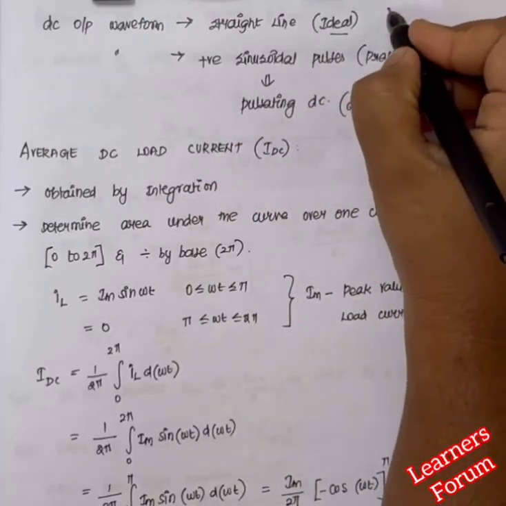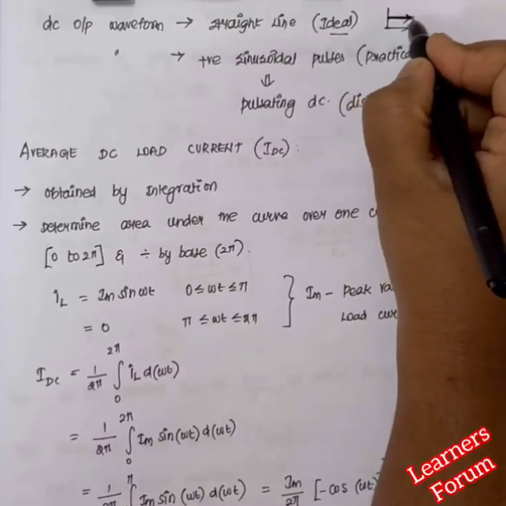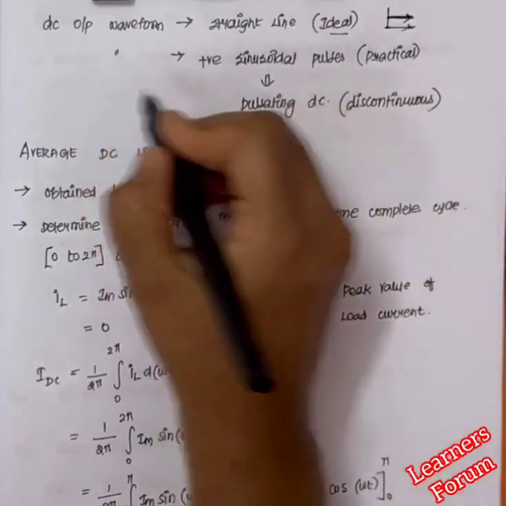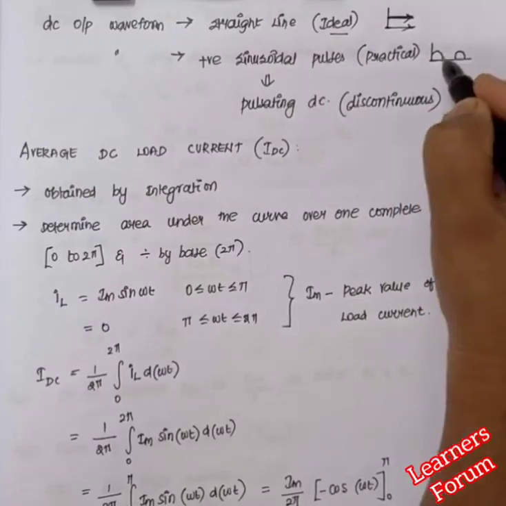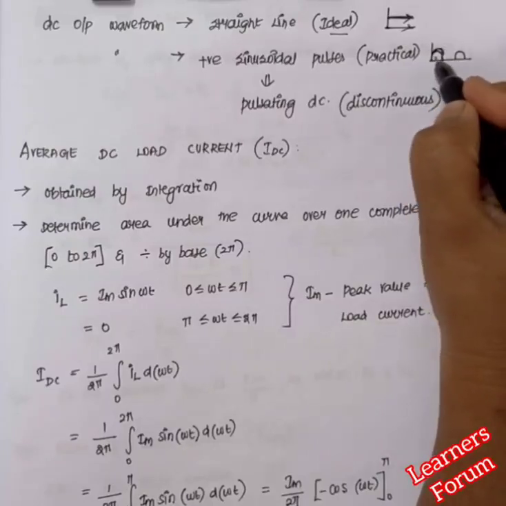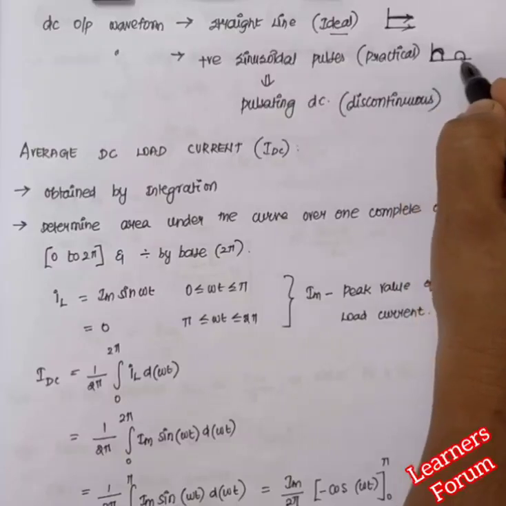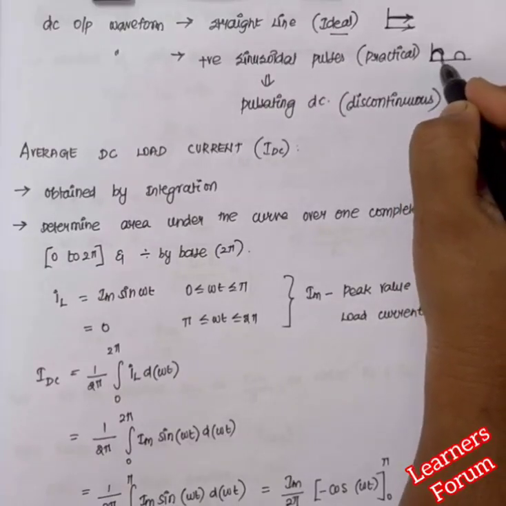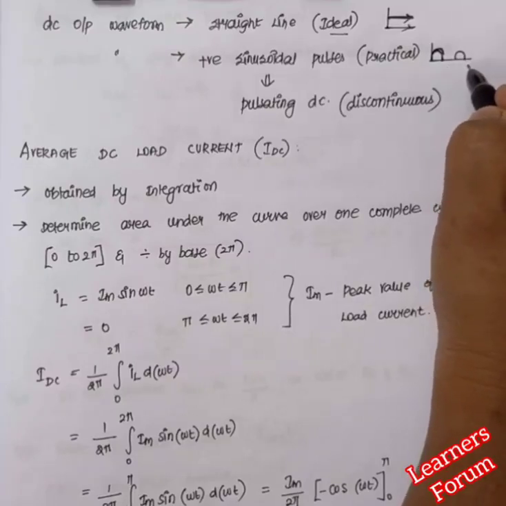For the ideal condition we will get the signal in this way, whereas in practical condition we will get, for a half wave rectifier, this one. This is nothing but positive sinusoidal pulses, but it is a kind of DC signal, so we call it a pulsating DC, which is nothing but a discontinuous signal. AC will be a continuous signal and DC will be a discontinuous signal.